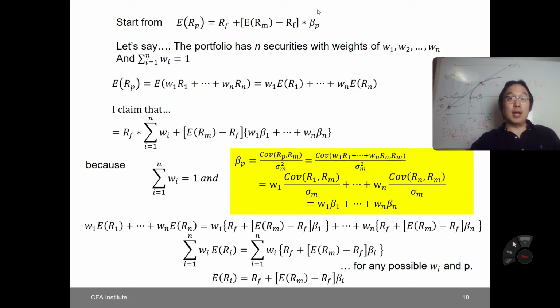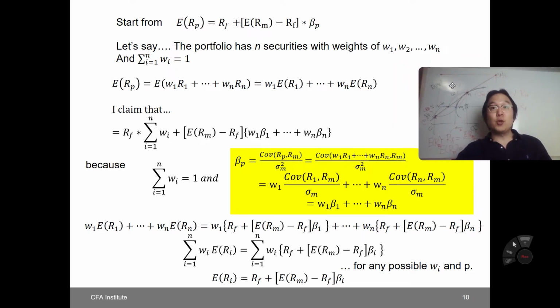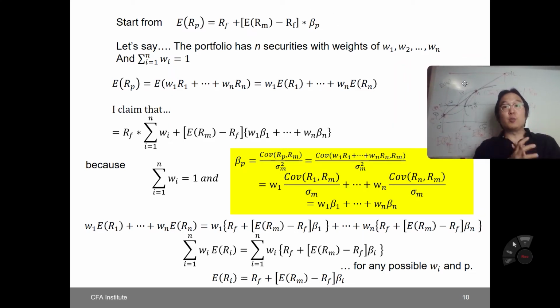equation with the beta notation over there, the beta of the portfolio. Let's say the portfolio has n securities with weights W1 all the way down to Wn for n different securities. And by definition, the portfolio weights have to sum up to be 1. Unity, right? United we stand, divided we fall. The unity of 1.